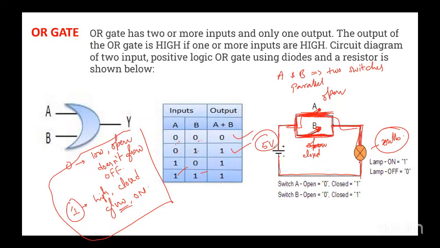There are no 10 volts reaching the bulb, only 5 volts. Both switches closed means the power may reach the bulb through either path in parallel, so in this condition also the bulb glows.